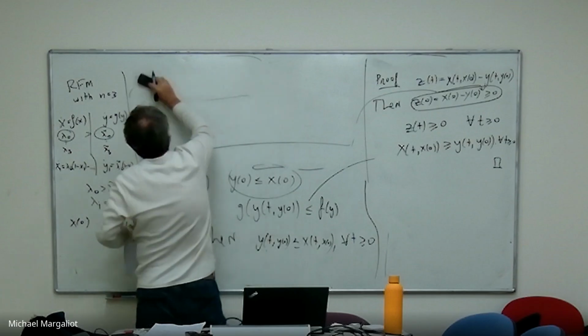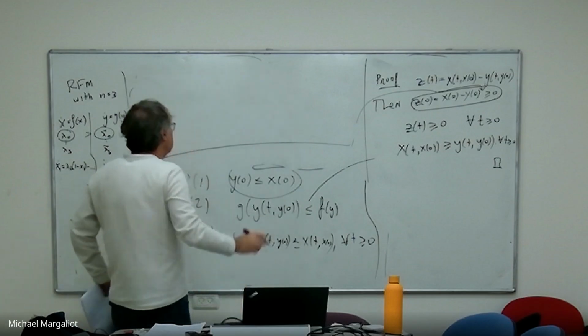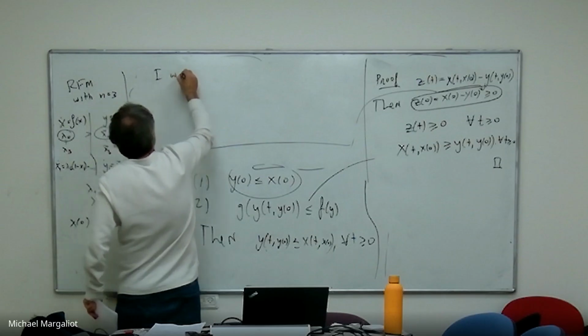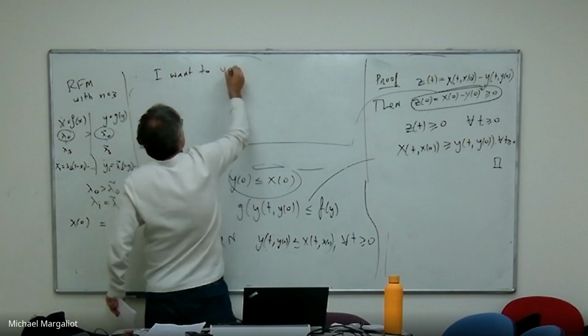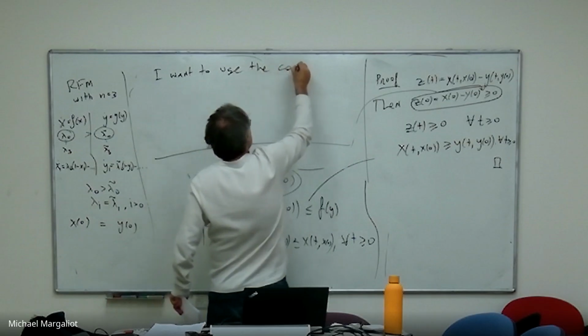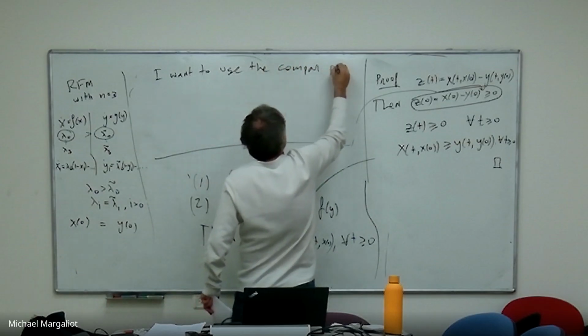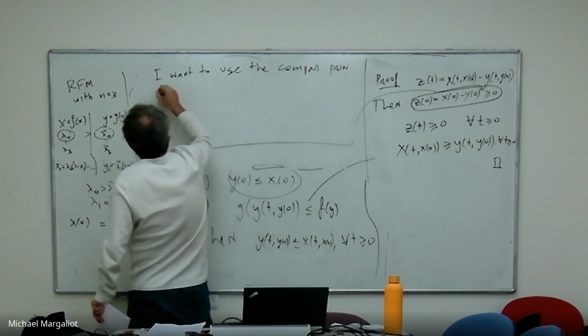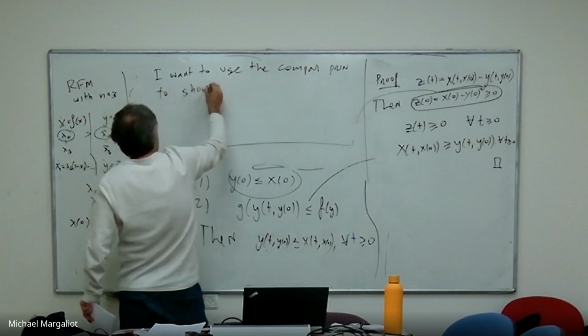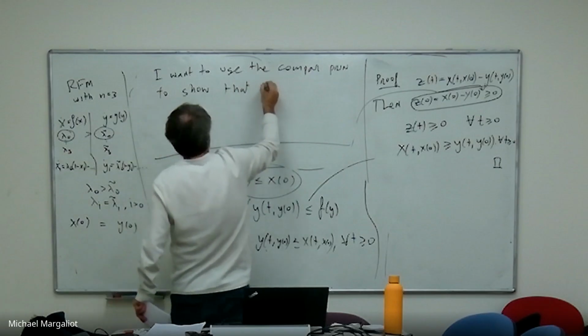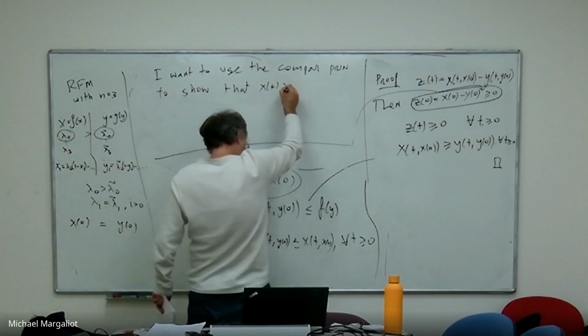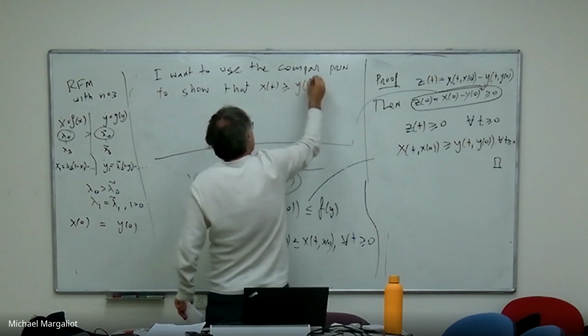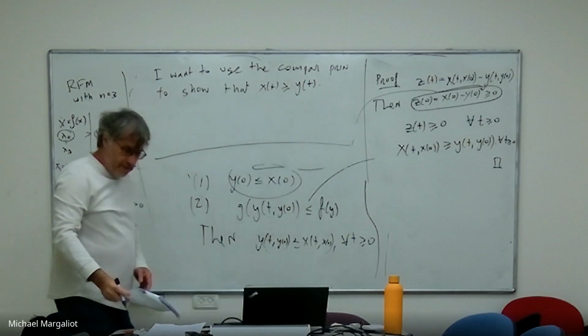Now I want to say that by the comparison principle, I want to use the comparison principle to show that x(t) is all the time larger or equal to y(t). And why does this make sense?